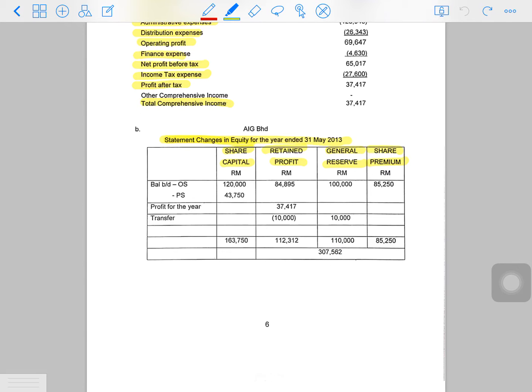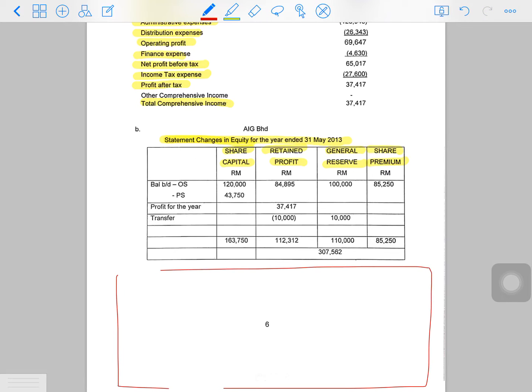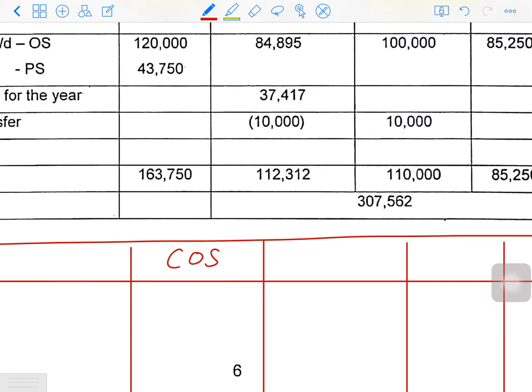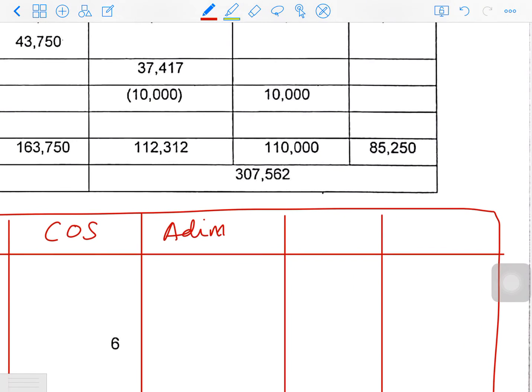It's better if you prepare cost of sales in the form of a table. You categorize all the expenses in the form of a table: first cost of sales, then admin, selling, and finance.